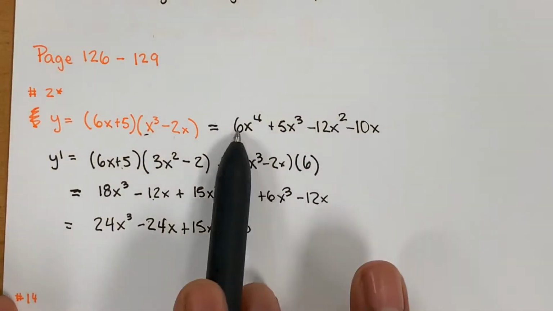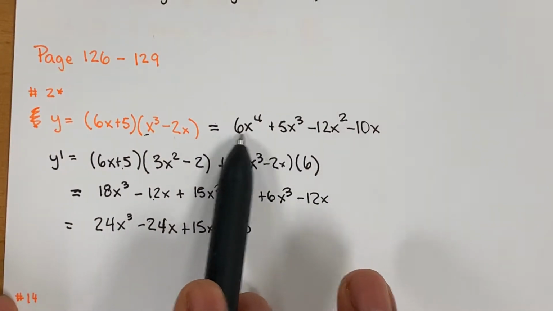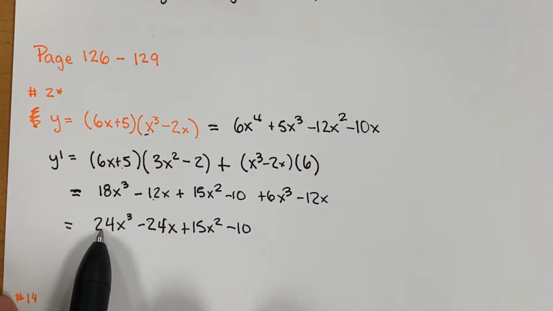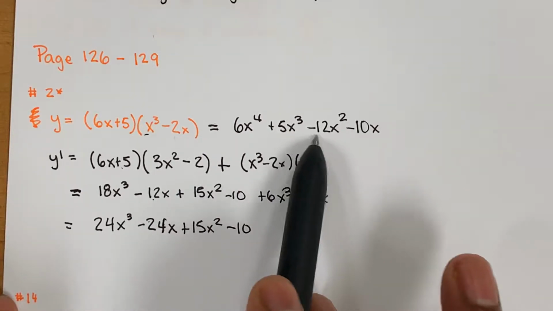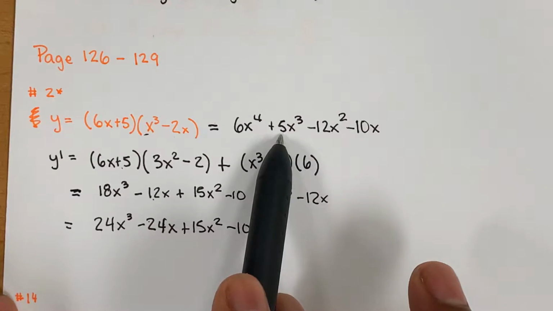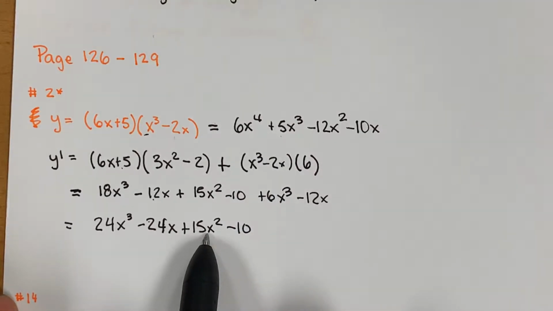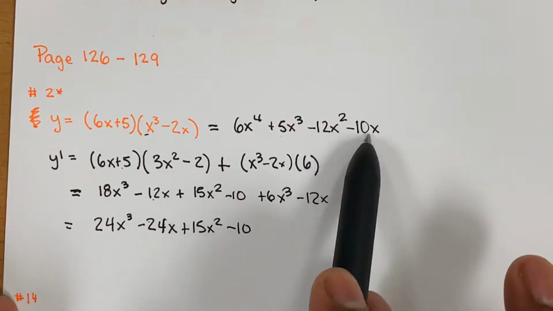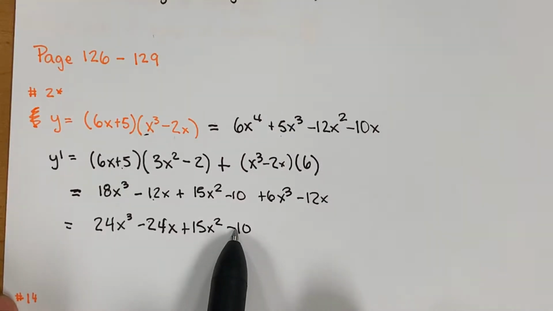So if we take the derivative of this, the derivative of 6x to the 4th would be 24x cubed. The derivative of negative 12x squared is negative 24x. The derivative of 5x cubed is 15x squared. And the derivative of negative 10x is negative 10.